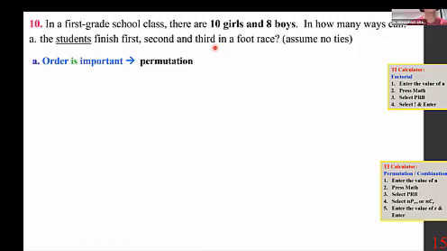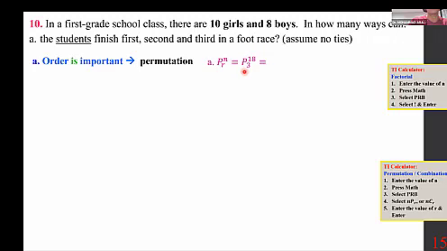Therefore, we are dealing with the permutation. So how many do we have? How many are we choosing? We have a total of 18 students, 10 plus 8, and we want to choose first, second, and third. We want to choose 3. So permutation of 18, choose 3.